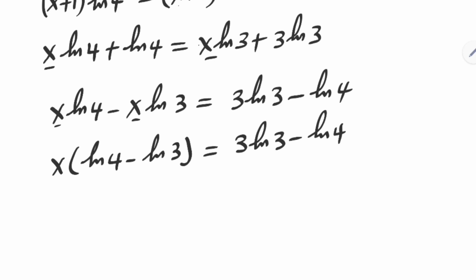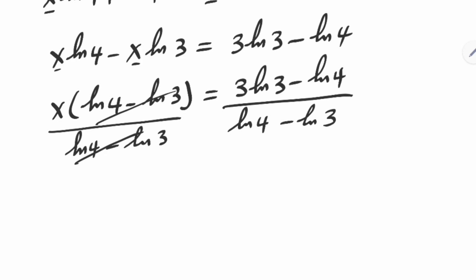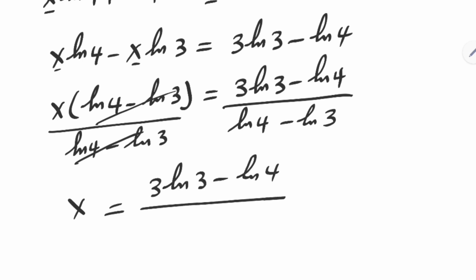Let's divide both sides of this equation by ln of 4 minus ln of 3. This cancels this. x is equal to 3 ln of 3 minus ln of 4 over ln of 4 minus ln of 3.